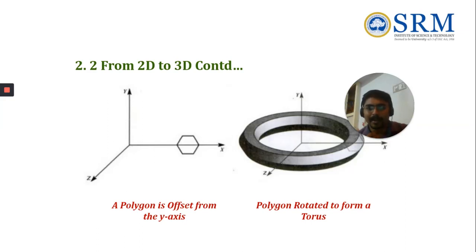This is a polygon, and from the polygon we are rotating around the x and y axes and then completing it at the same place where we started. So now we are getting a kind of torus. This is called a torus, and so we get the complete rotation and we are getting the 3D shapes.